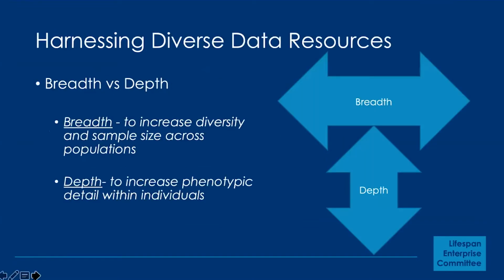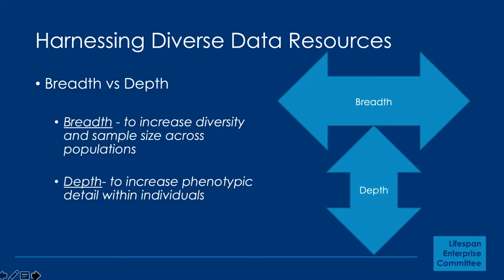I'm going to talk about those objectives in the context of two different portions of integrative data research. One is really work that's designed to increase the breadth of the study, so to increase the diversity of a sample size across populations. This is what we generally think of as pooling multiple samples together to get a much larger representative population.